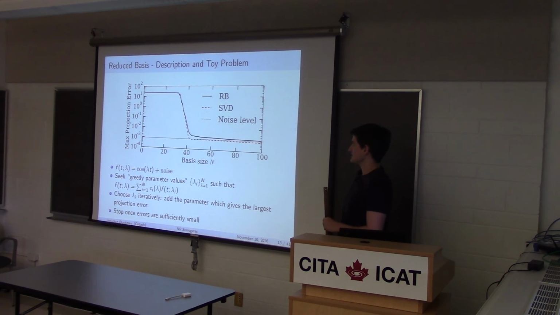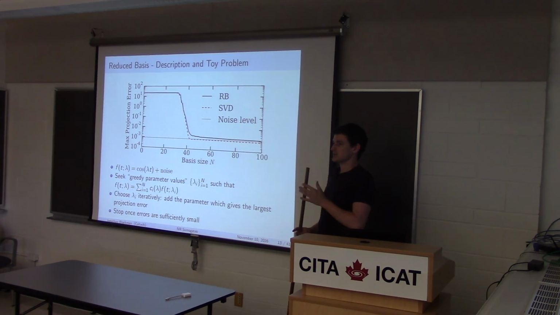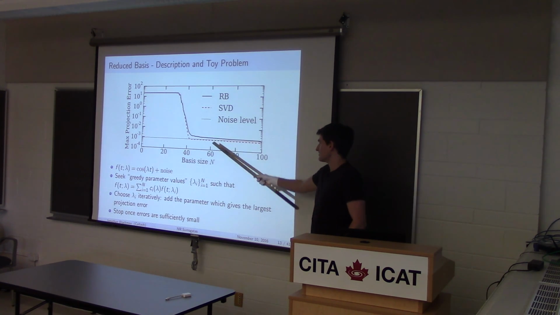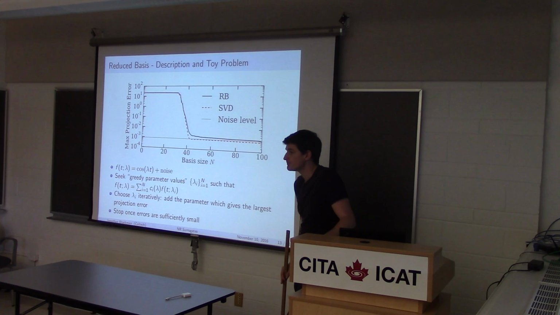So you can compare this with performing singular value decomposition, where you first evaluate your solution at all points in parameter space, take all your solutions and do a singular value decomposition and keep the first n of those, and you get a very similar curve. The singular value decomposition does a little bit better in terms of averaging out the noise up there, but they're quite comparable.